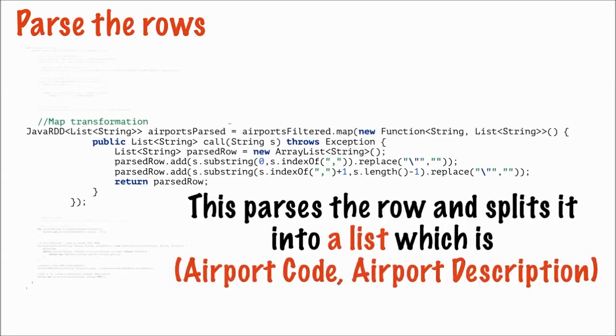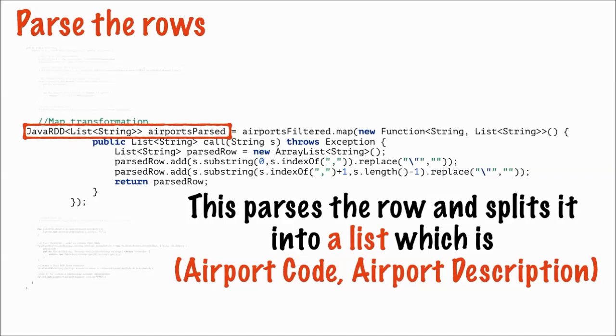Let's start off by looking at the type of the airports parsed RDD which we get as a result of this map transformation. It is a Java RDD once again, but every record in that RDD is a list of strings. So this map has parsed the row and it has split it into a list of strings where the first string is the airport code and the second string is the airport description.